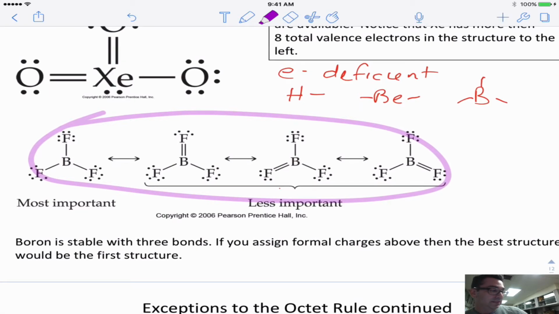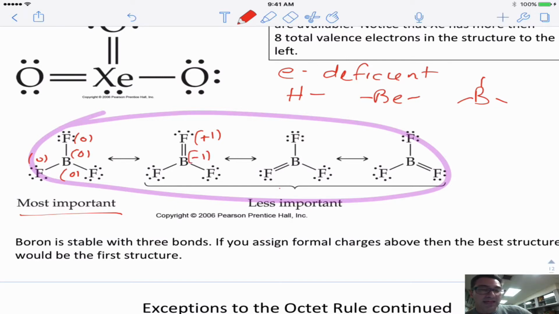But with this example here, if we assign the formal charges, what we'll see is that the structure that's more important on the left here has all formal charges of 0. If you assign the formal charges here, this F would be +1, and this boron would be -1.